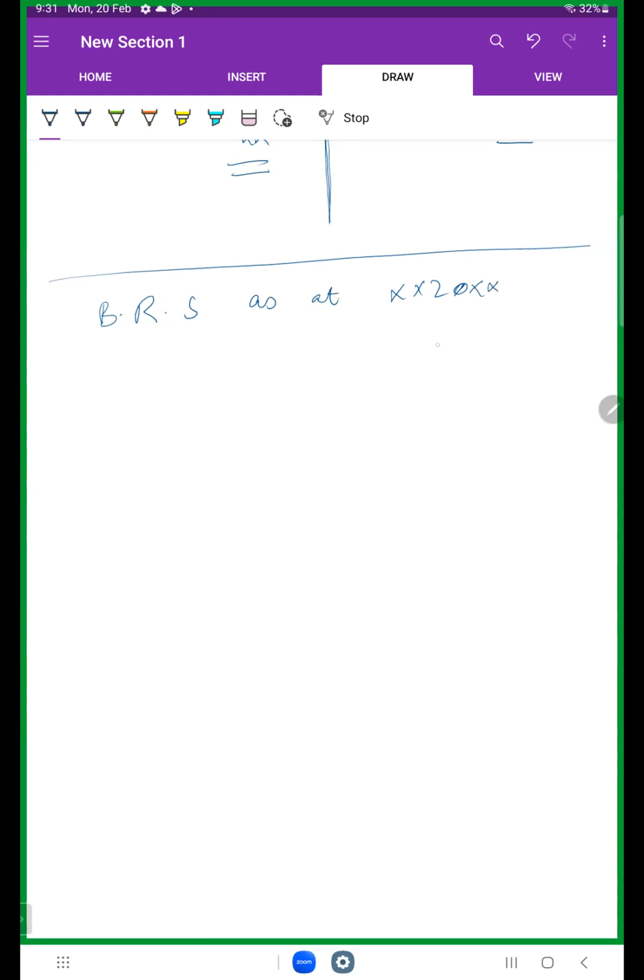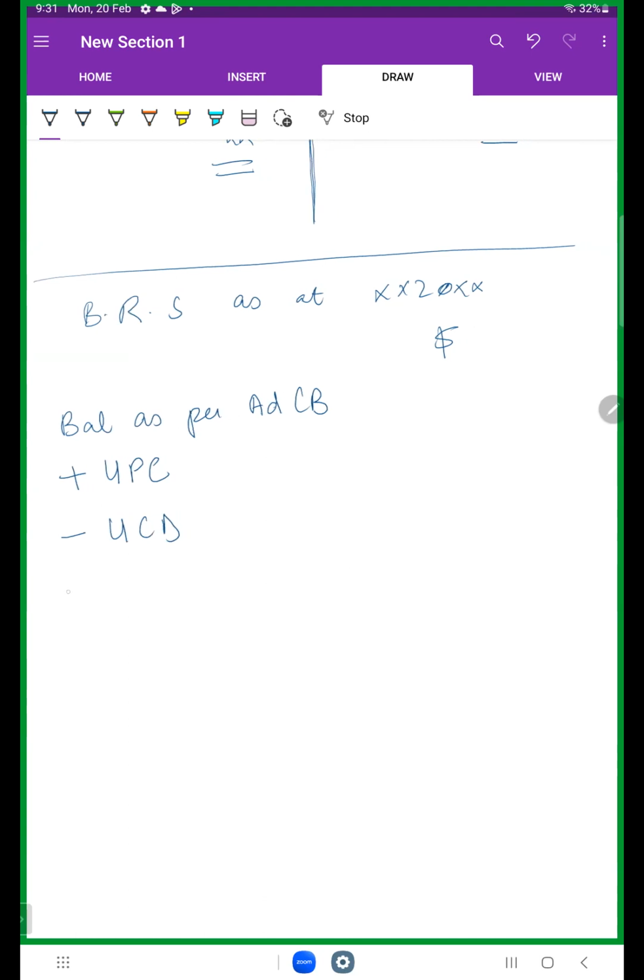If I am writing balance as per adjusted cash book, I'll add unpresented checks and I'll less uncredited deposits to get my balance as per bank statement. Any problem till here?